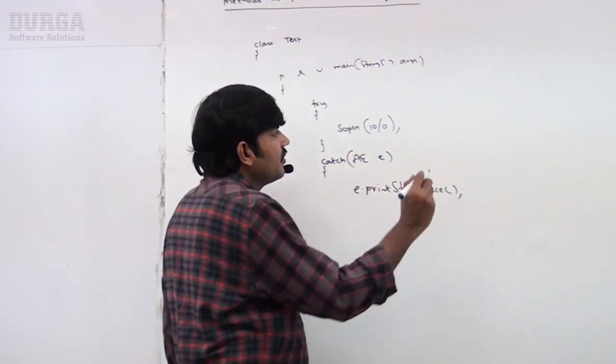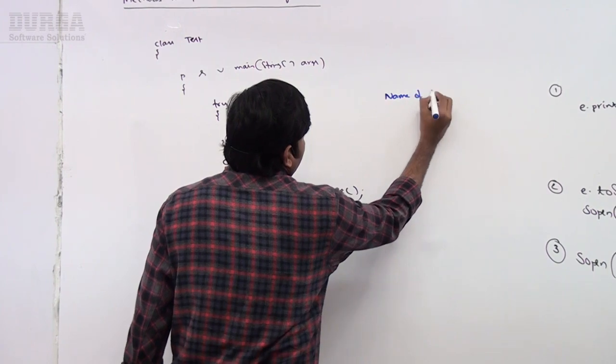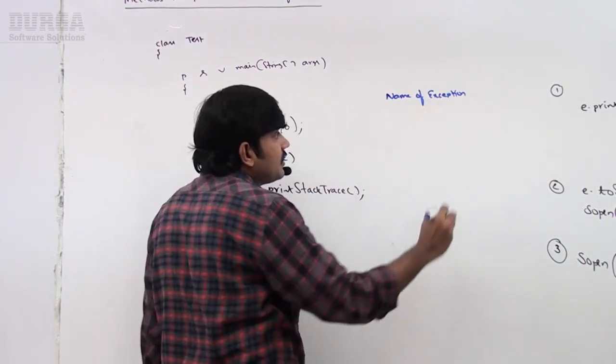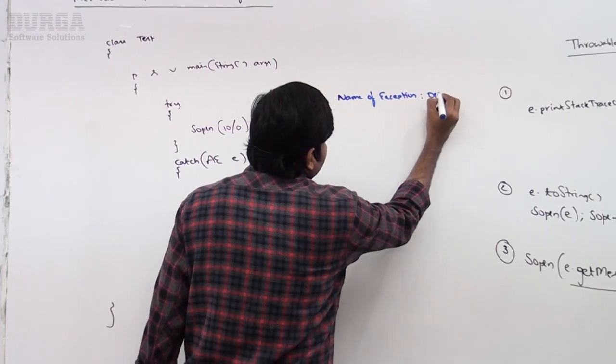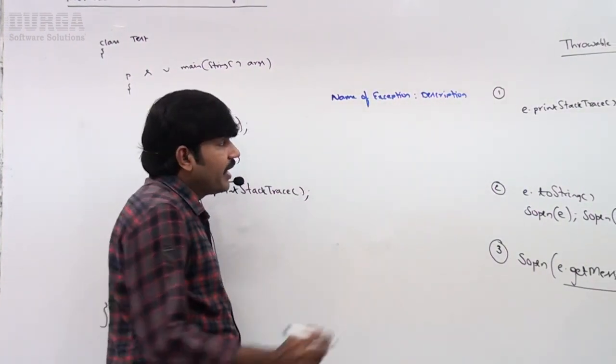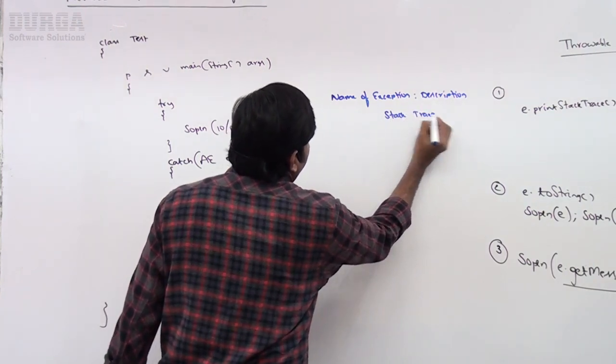Very simple: name of exception, and the description of exception, followed by stack trace.